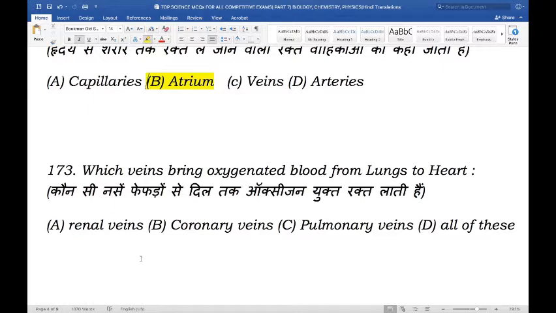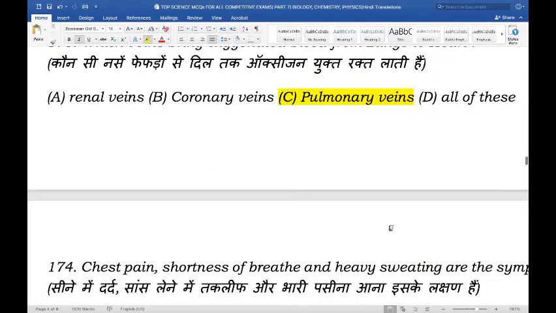And the right answer here is C, pulmonary veins. Pulmonary veins return oxygenated blood from lungs to heart. The pulmonary artery carries deoxygenated blood away from the right ventricle to lungs.